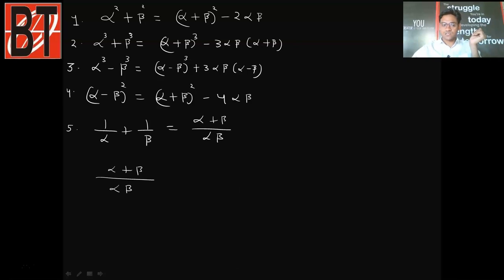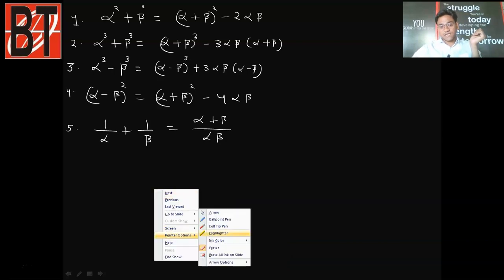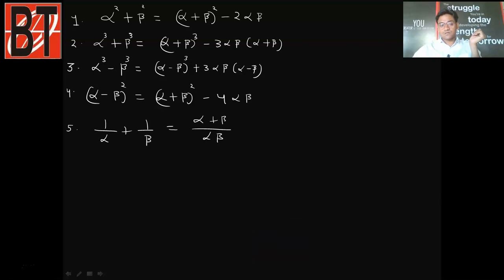Clear, students? So this is one more identity. Let's say you have to find 1 upon alpha square plus 1 upon beta square, means sum of squares of reciprocals. Okay, so how will we calculate this?